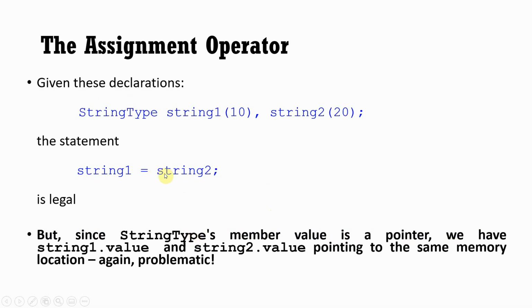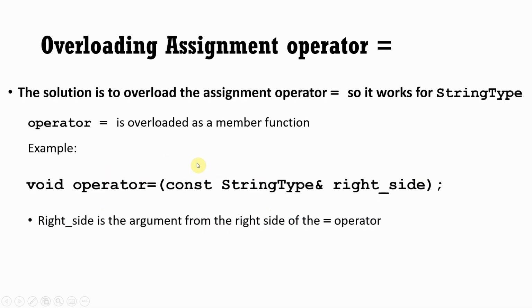So in this case, we would have a shallow copy. We end up with two objects having pointers pointing to the same array. So the solution is, of course, to write our own copy constructor and write our own assignment operator.